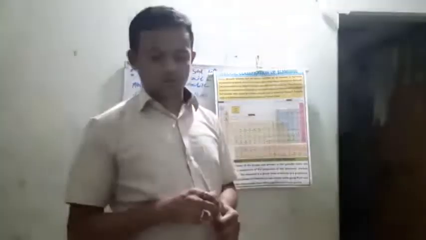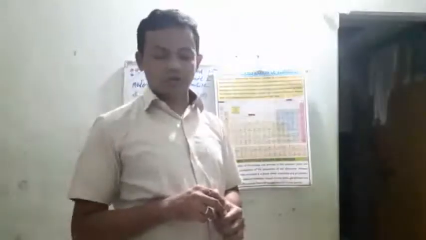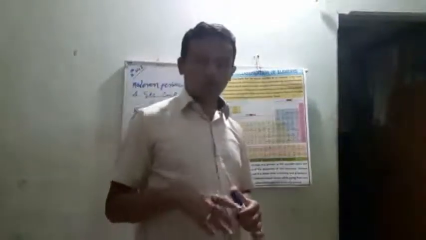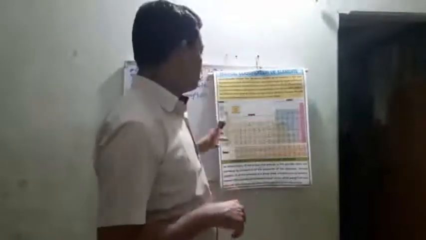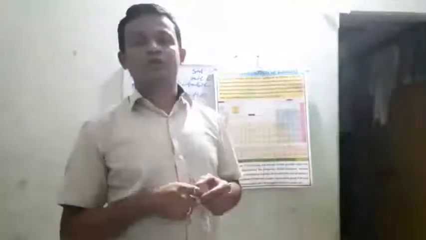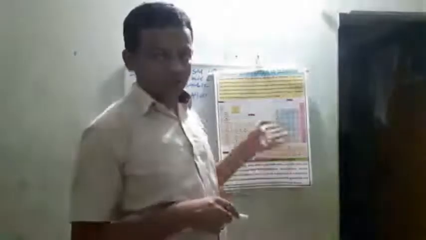Now, modern periodic table and electronic configuration of the elements. In this point we have seen the different electronic configurations of the elements present in groups and periods.